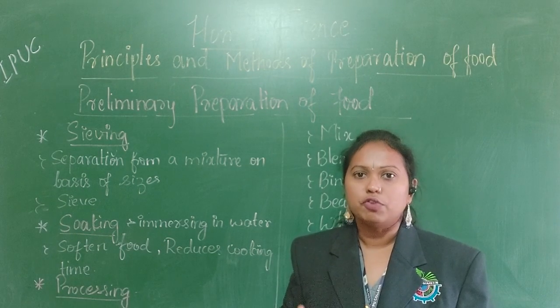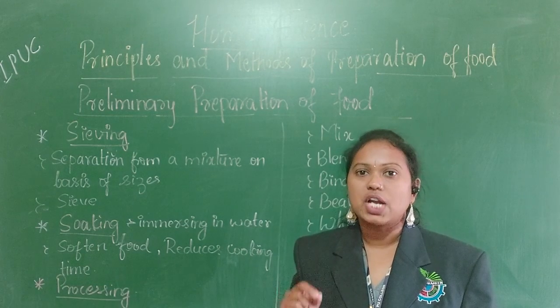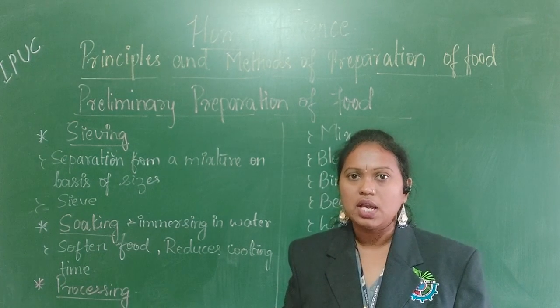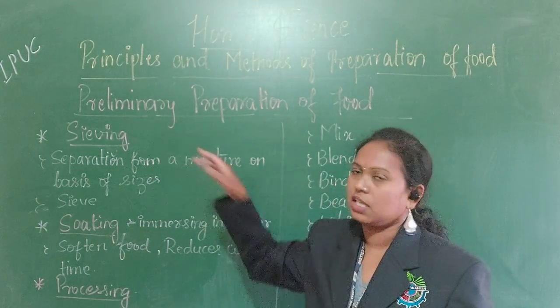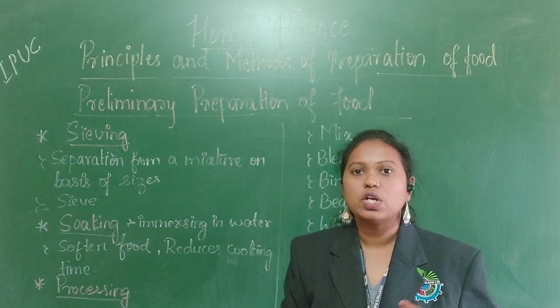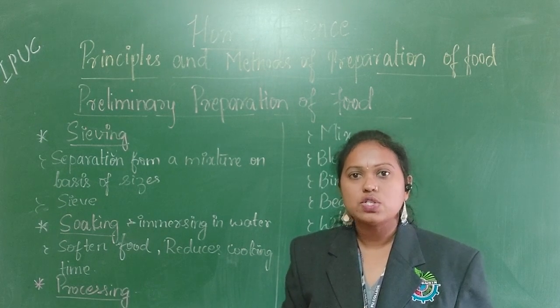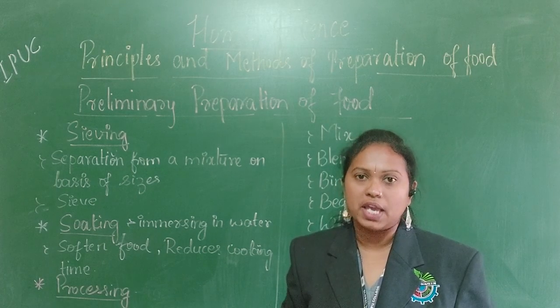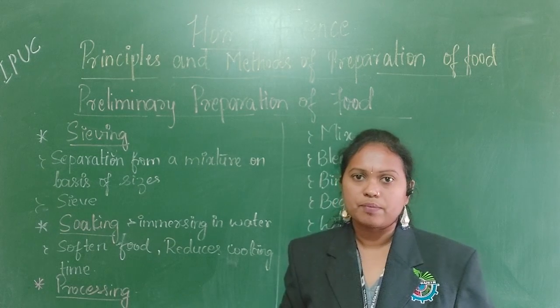Cereal flour and food grains are also sieved. The bran, which contains fiber, protein and B complex vitamins, is lost during the sieving process. Sieving is done to remove the coarse fiber and insects, etc. It is also done in the preparation of cakes for blending of flour with baking powder.